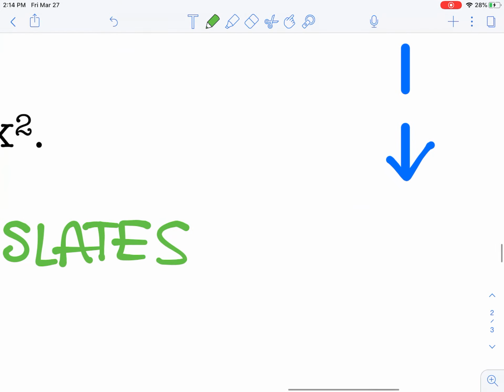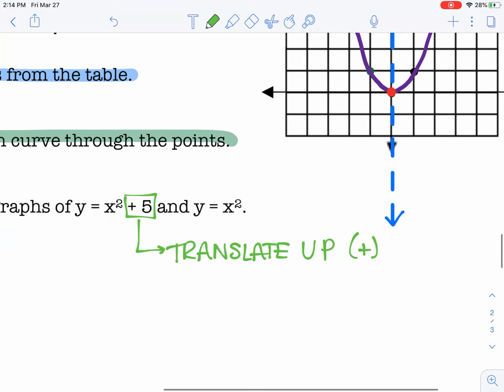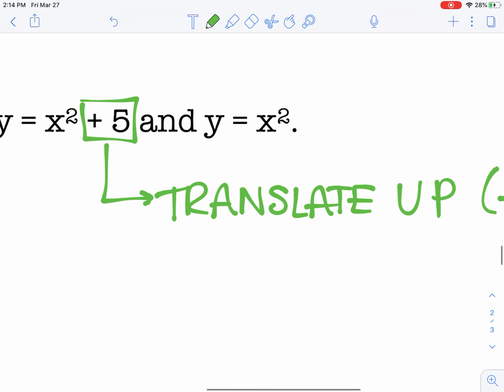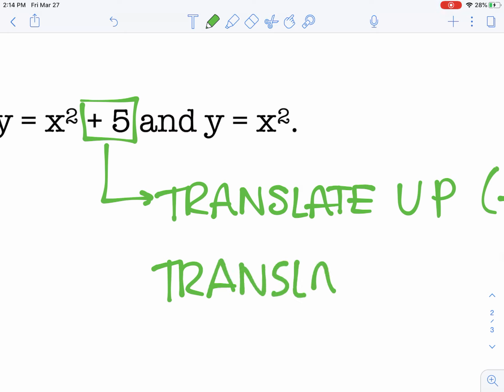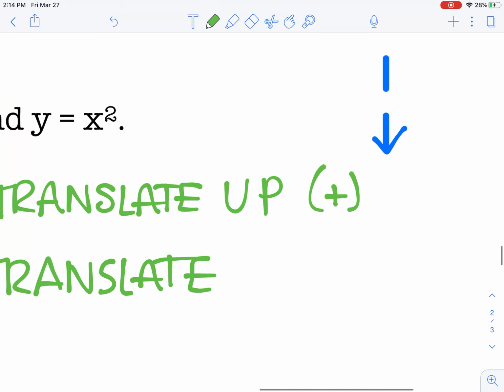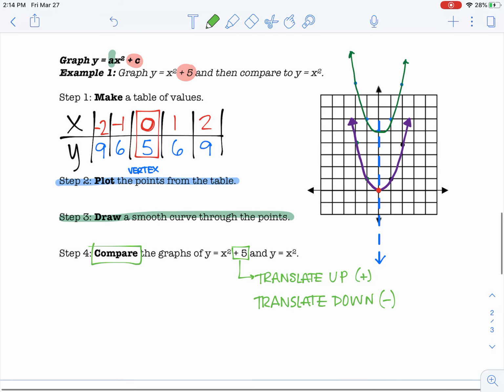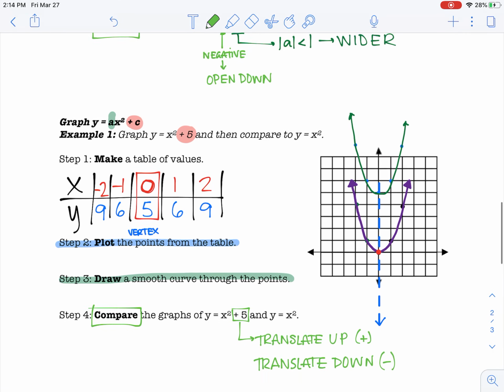It's going to translate up when it's positive. But the other option is that it would translate down, which is what you would do if it was a minus. So in this particular case, this one moved up 5 since it was a plus 5.